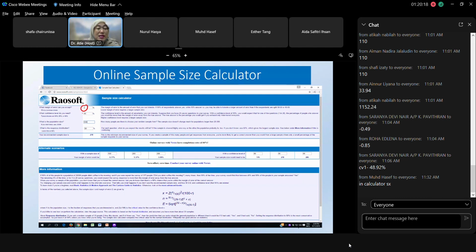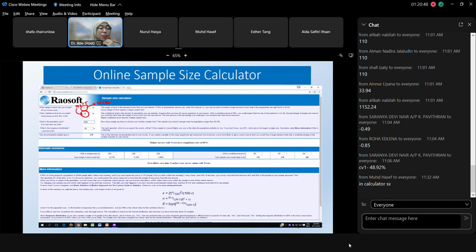The confidence level is the remainder when we deduct 100 minus 5, then we get 95%. So basically, 5% is the error or the risk that we are willing to take. 95% is the confidence or the accuracy that we want. That's what it means.